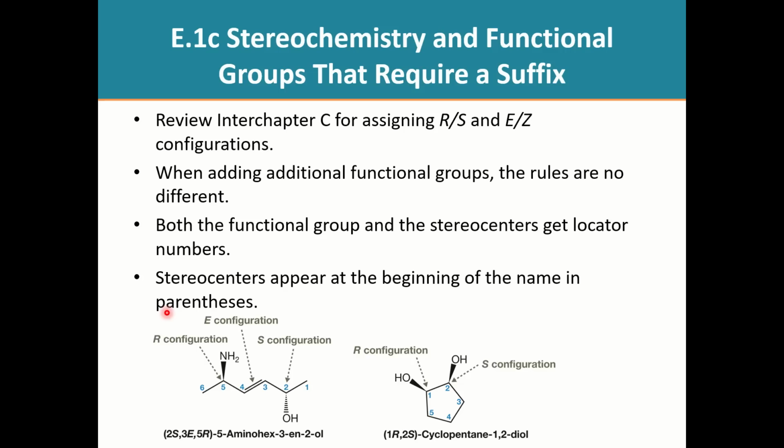This slide is telling us that when you have a stereocenter, you need to specify it in the name. At the very beginning of the name, you put it into parentheses.